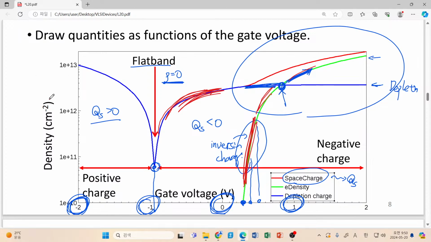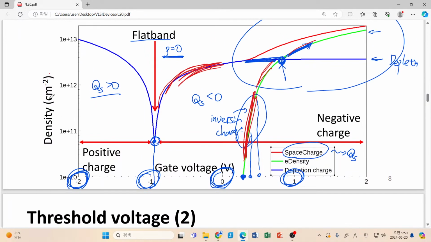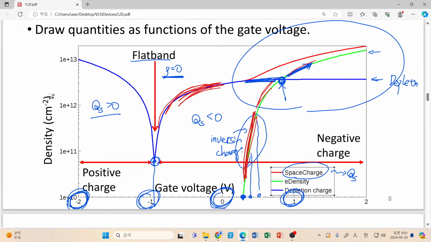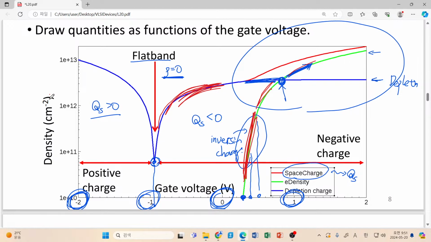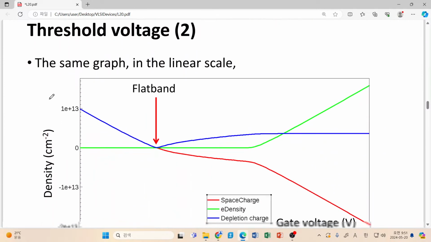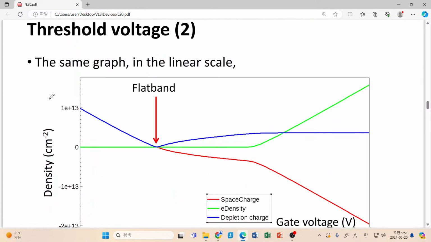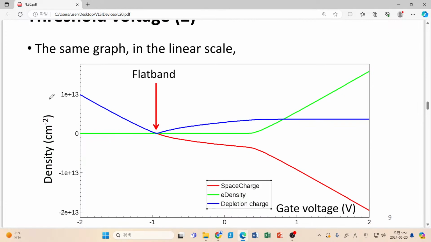The same graph can be drawn in a different scale. On this page, I show you a semi-logarithmic scale. The x-axis corresponds to gate voltage, and the y-axis corresponds to charges, but I took the logarithmic scale. If we draw the same quantity with a linear scale, it becomes clearer.